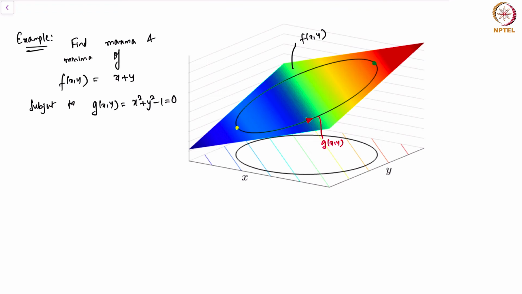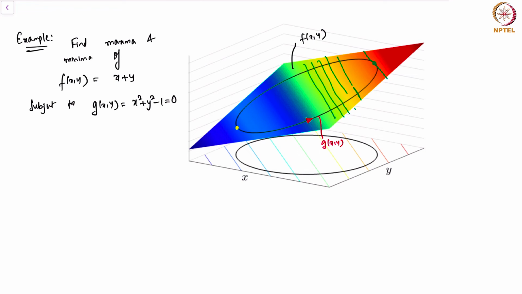But I also want to highlight one more thing which I did not emphasize earlier. If you're at the maxima, note that the contours of f are just these. Now there is a special contour, which is exactly what I'm drawing now, and this special contour becomes the tangent to the constraint g as well, right?